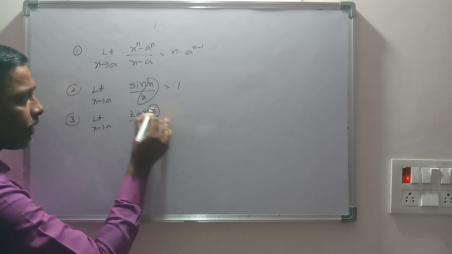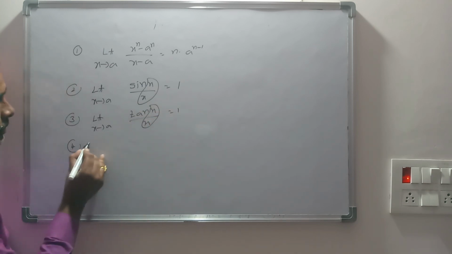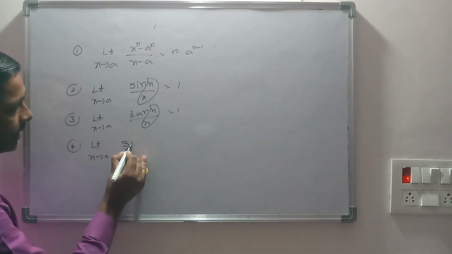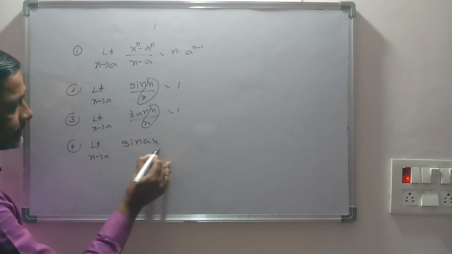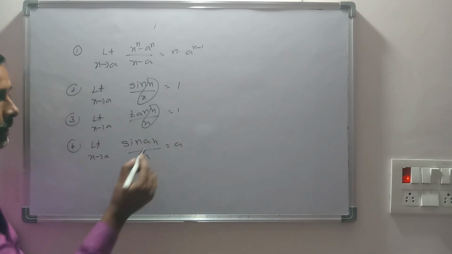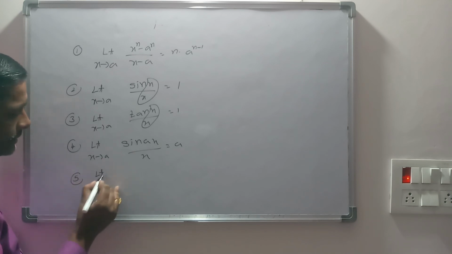What is the value? 1. Fourth one, limit x tends to 0, sin ax by x is nothing but a.